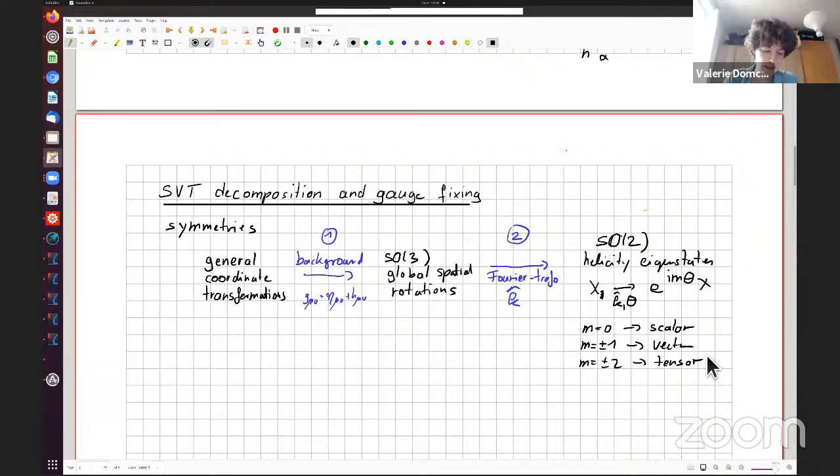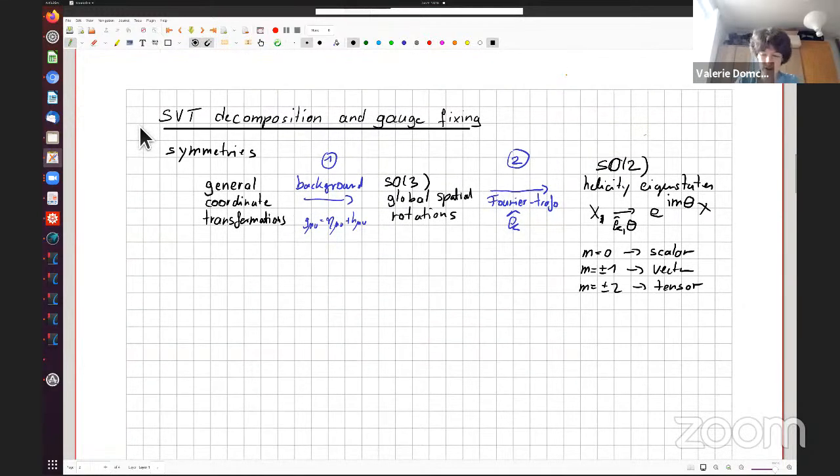So to say is that we started with a full symmetry, then we can realize that actually in our linearized theory, this breaks down to a reduced symmetry, but within this reduced symmetry, we can classify our perturbations by essentially a quantum number, which is the helicity of the rotations around the vector specified by the Fourier transformation.